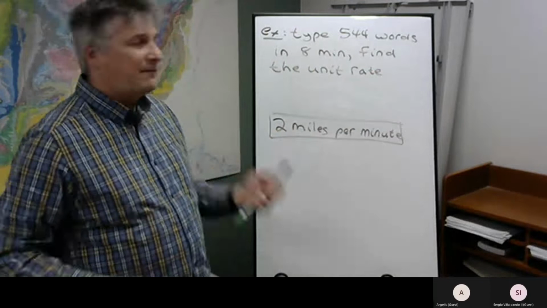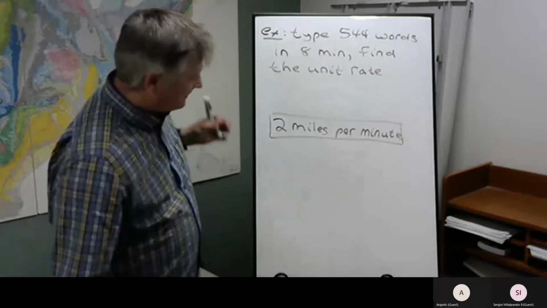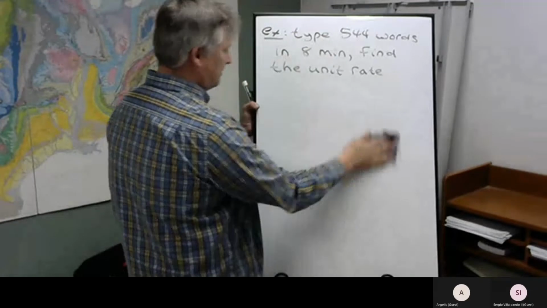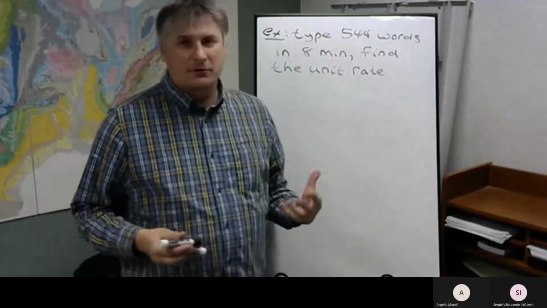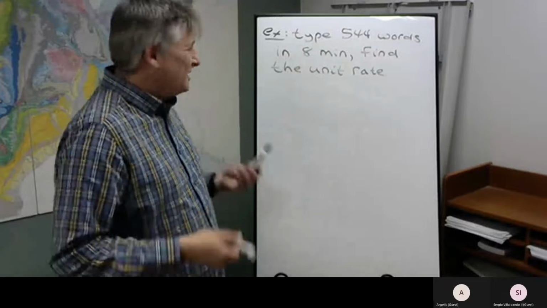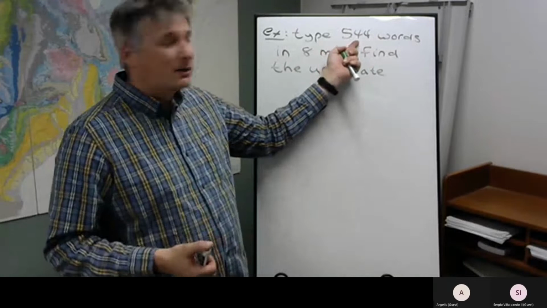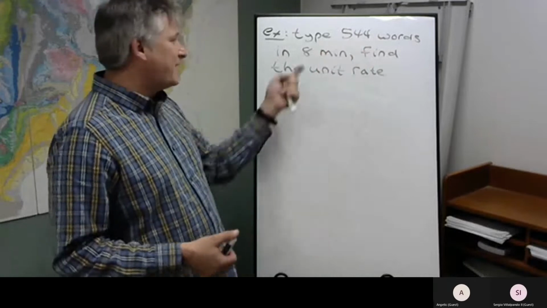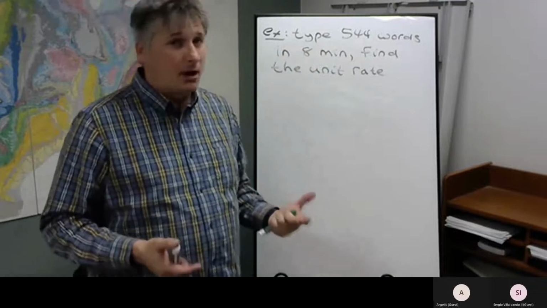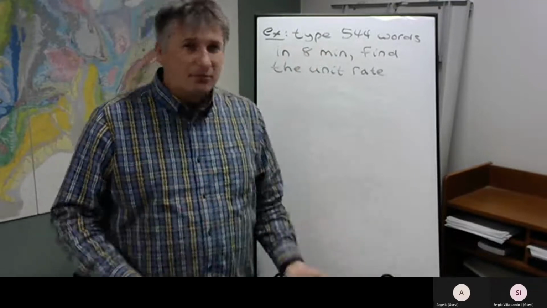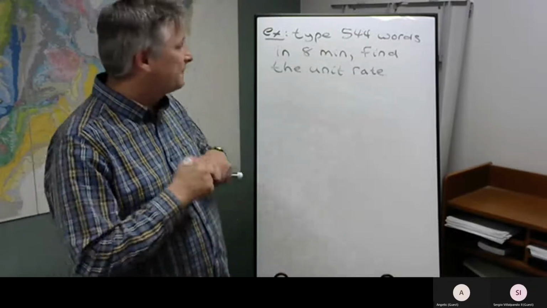Let's say you type 544 words in 8 minutes, and you want to find the unit rate. So we have 544 words for every 8 minutes. Typically, this isn't always the case, we put the subject that's not time on top, and then the second subject, if it's time, on bottom. That's not always the case, though, but it's a very common thing to do. So you see miles per hour, meters per 1 second, these kinds of things.